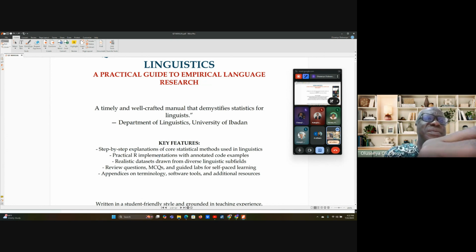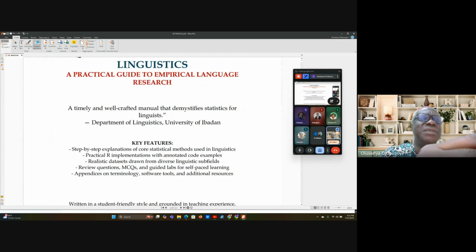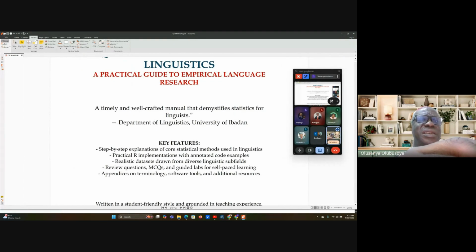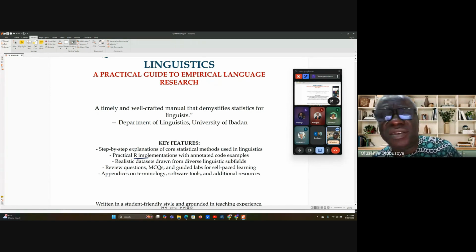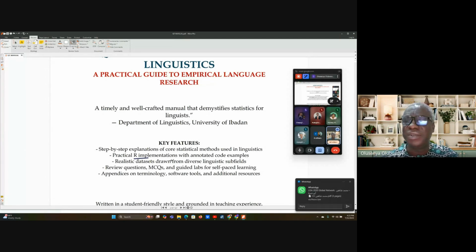One major tool for analyzing linguistic data is the R package. This R package is one that you will need. We adopt R because it's free and you don't really need a license. It's open source, so you are not paying for using it.